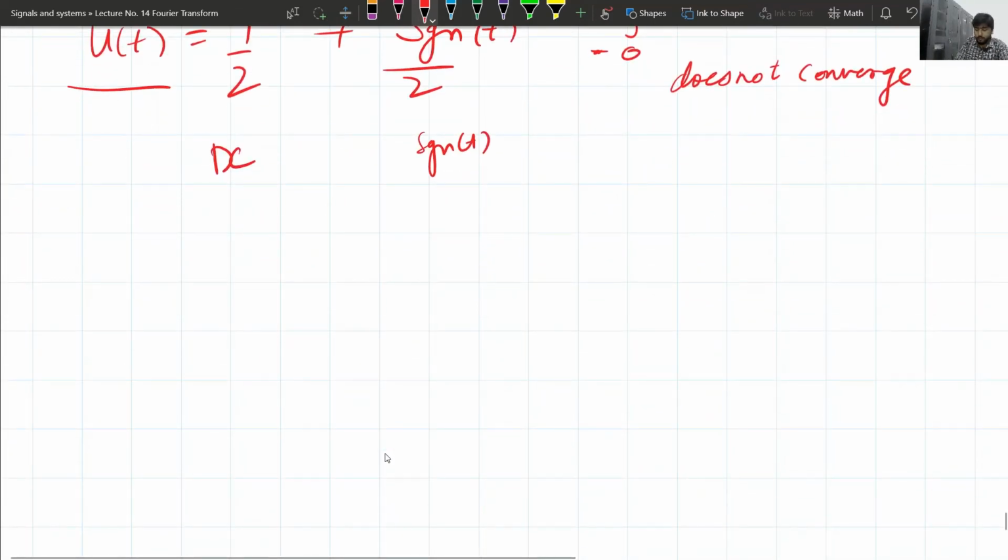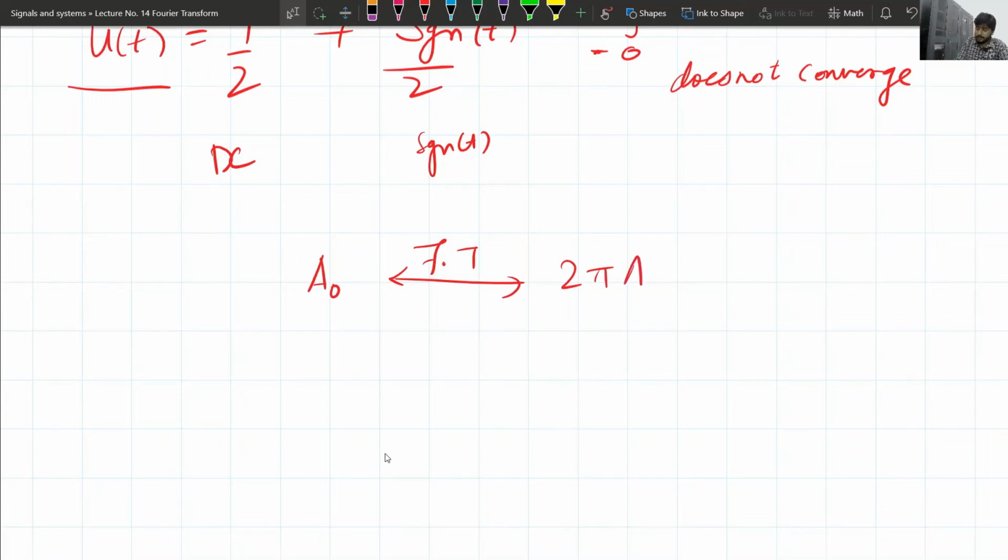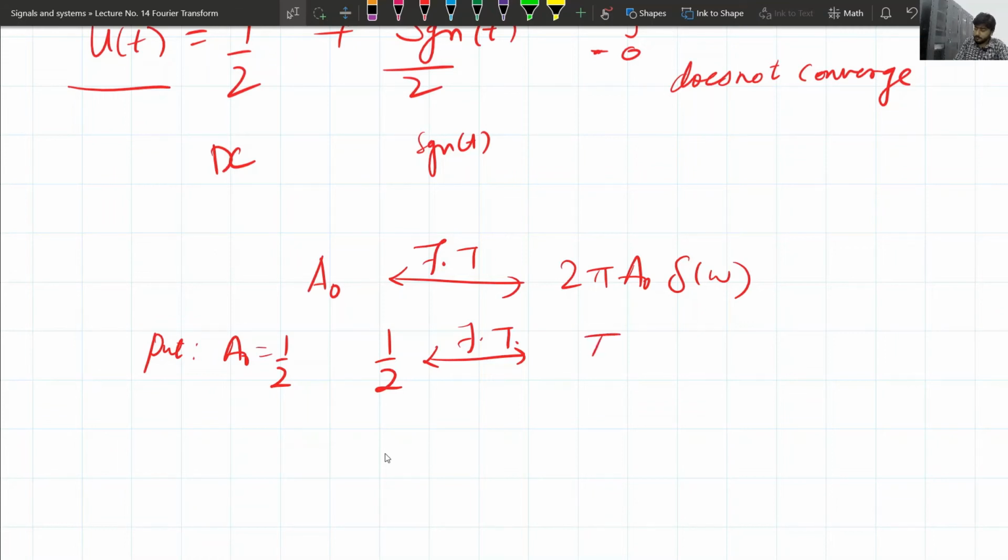So now we know that for any DC signal A0, it has a Fourier transform of 2 pi A0 del omega. Now putting A0 equal to 1 by 2, its Fourier transform will be pi times del omega.